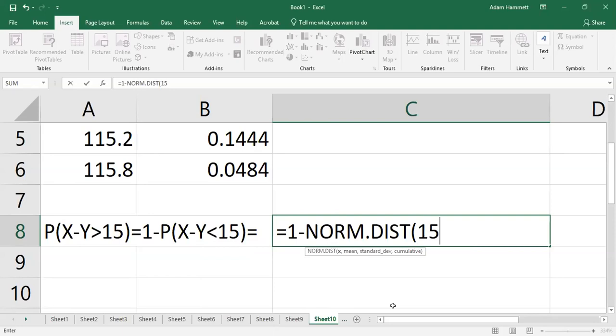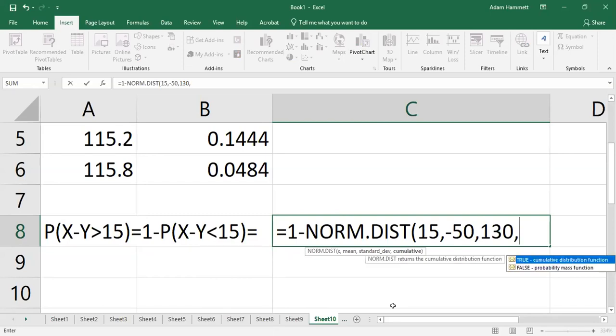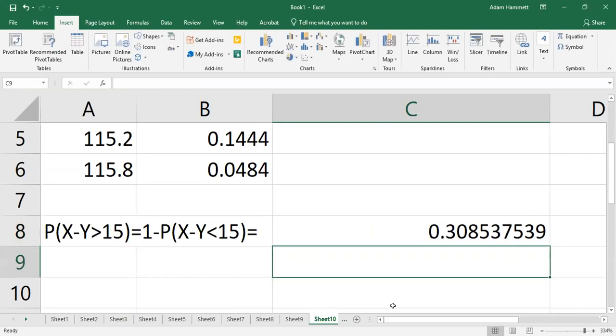Mean, -50, right? And now it wants a standard deviation. So it's like 130, the square root of 16,900. And then I want the cumulative, the CDF.